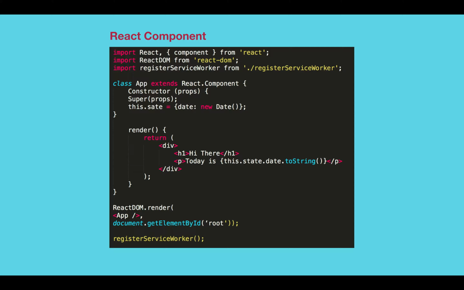This render is a must for a React component. You might be seeing some new things like constructor, props, state. These are just language syntax. Do not worry about these things now. I promise everything will make sense as we proceed.